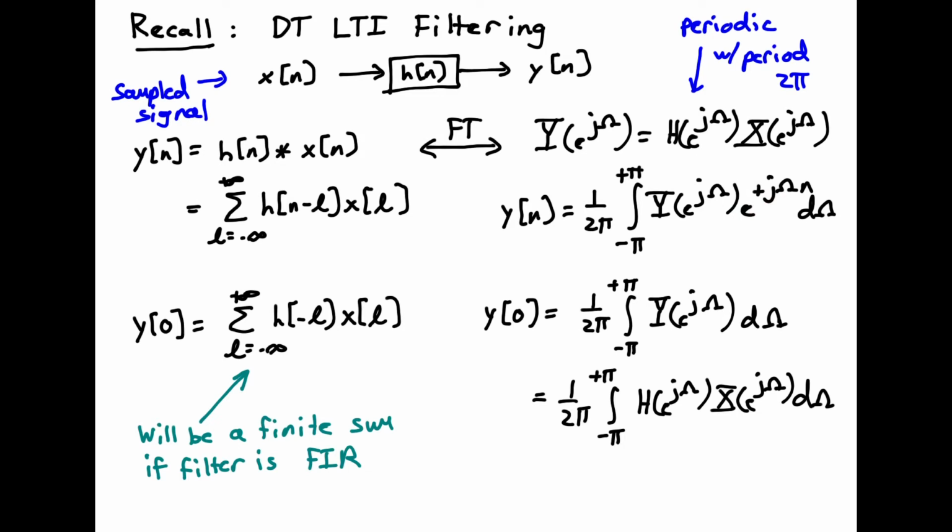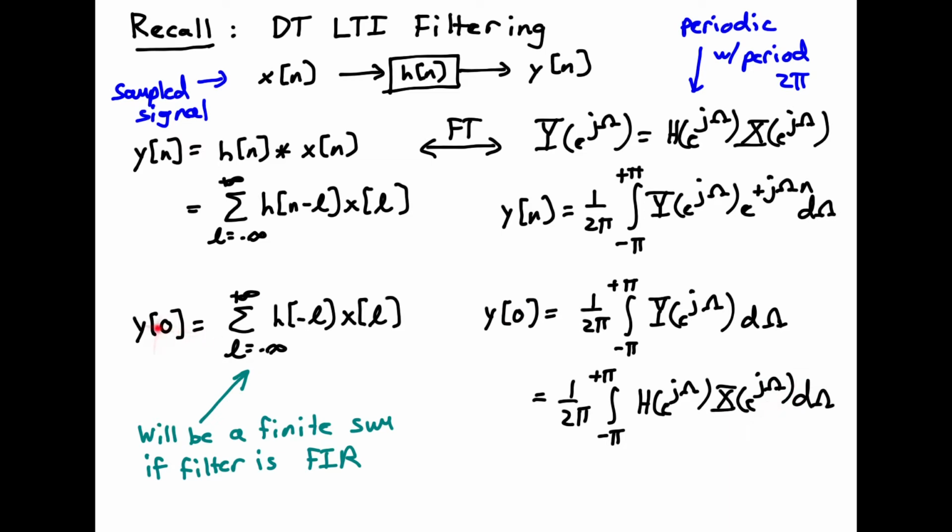And now I'm just looking at 1 over 2 pi, the integral from minus pi to plus pi of y of e to the j omega d omega. And I can substitute in the multiplication of the frequency response and the input transform here. So if all I want is the output at a single time point, time 0, this is what I can calculate.